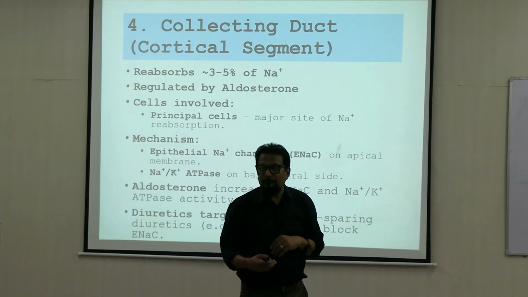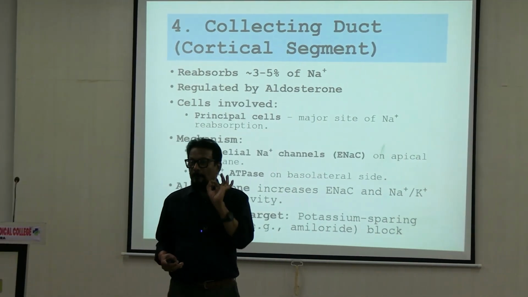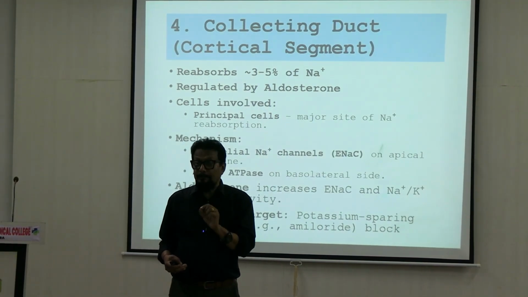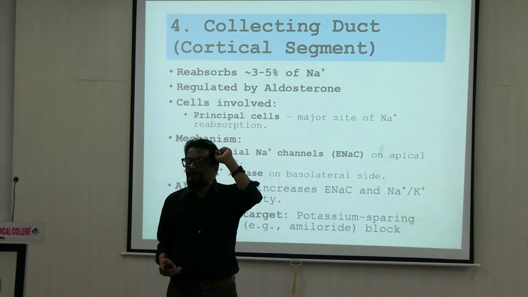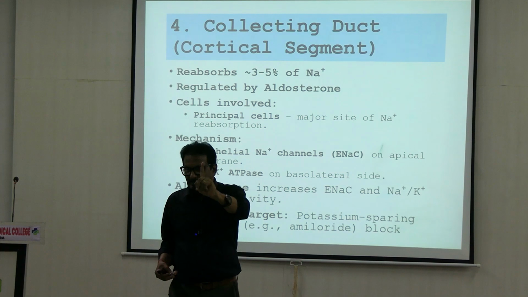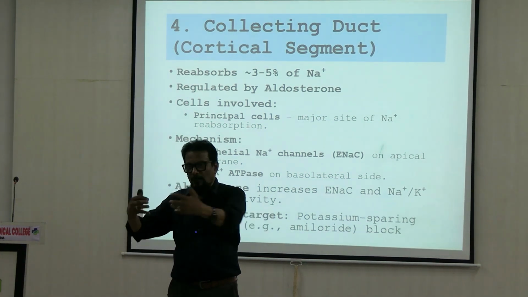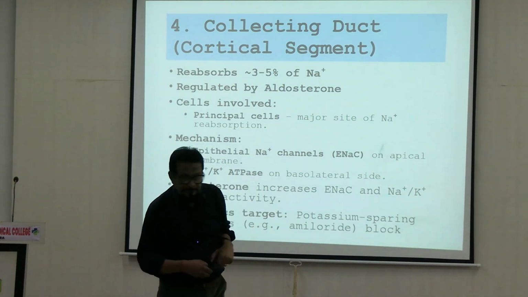How many aquaporins will be active is regulated by the hormone ADH. When there is no secretion of ADH, there will not be any functional aquaporins, so water will not be absorbed.